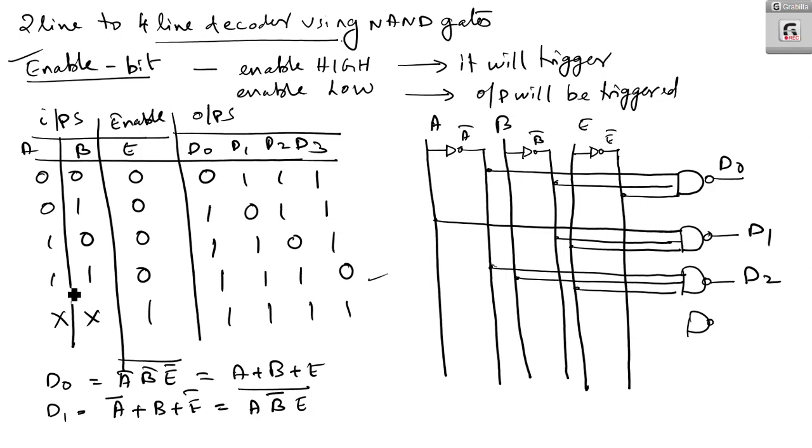Now what is D3? D3 is A bar B bar E. One second, what should we get for D3?